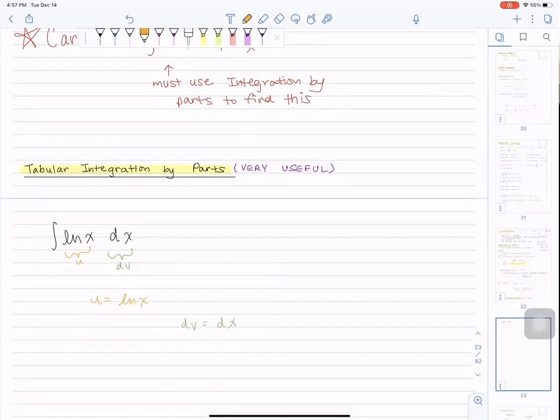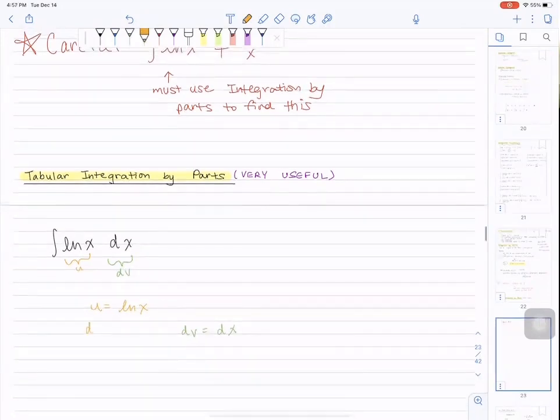Now, for our formula, we need all the components. So we need du, and we also need v. What is v? You can imagine there's a 1 here. The integral of 1 is x, and you can check that because the derivative of x is 1 dx. Now, u is natural log x. We know the derivative of natural log x is 1/x dx.